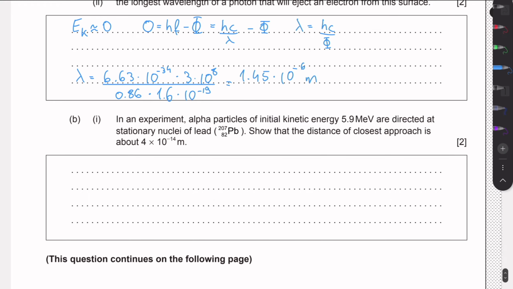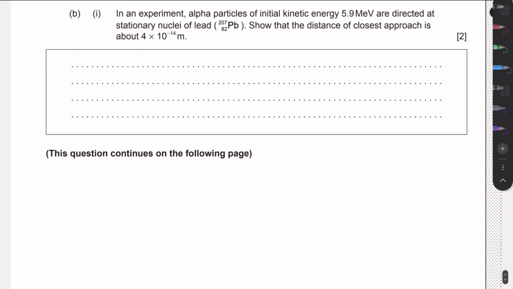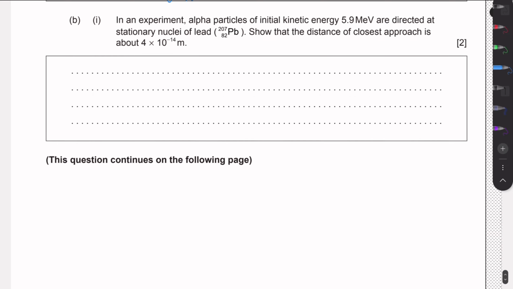And then we are told that in an experiment, alpha particles of initial kinetic energy are directed at the stationary nuclei of lead. Show that the distance of closest approach is about 4 times 10 to the minus 14. So let's try and think about what's going on here.